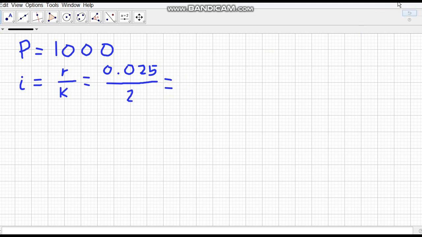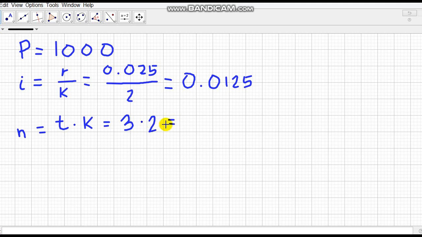And this is equal to 0.0125. For the N, we're going to have T times K. The time is 3 years and there's a payment of 2, which is semi-annual. T times 2 is equal to 6.